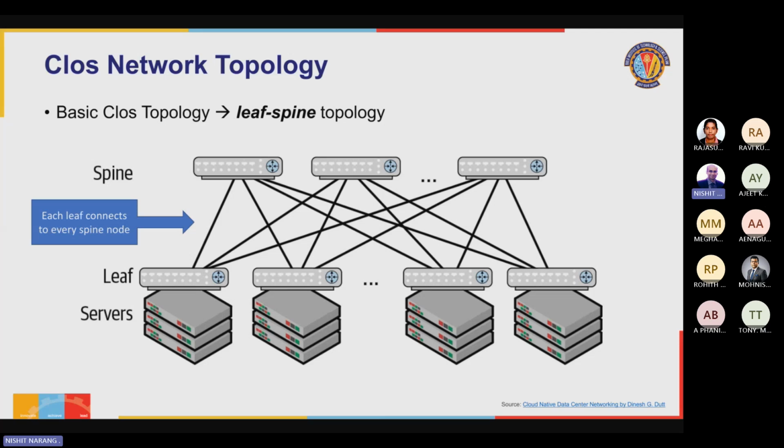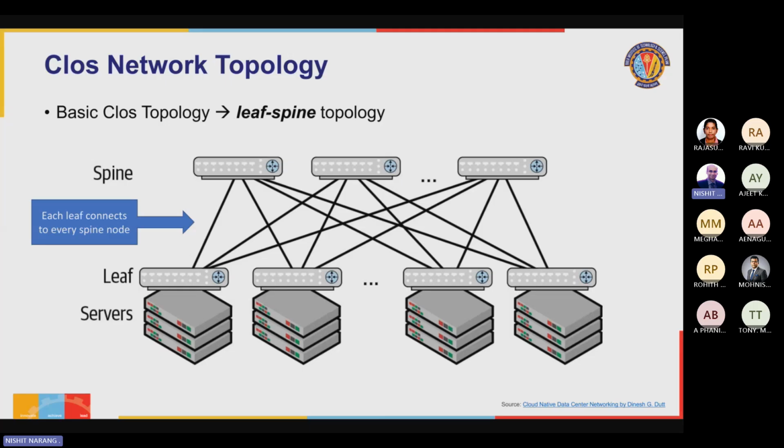Okay, so let's try to understand what the basic Clos network topology is and how it is used in a modern data center network. For now we will focus on a specific type of Clos topology called the leaf spine topology. I'll first talk about the simpler Clos topology called the leaf spine topology, and then I'll take you to the classic Clos topology, which Charles Clos had actually proposed for the telephony network. Okay, we'll come to that next.